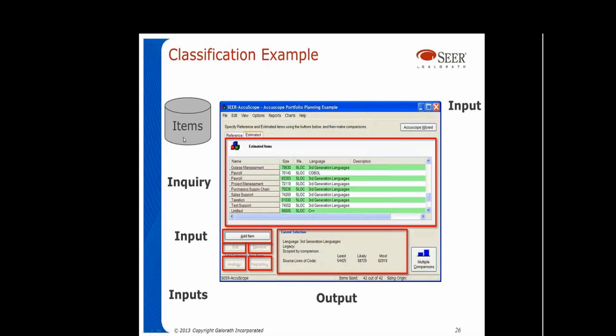You then have an input here, and again, I'm inferring this from this screen. The input is this Add Item button. Now, nothing is obvious from this Add Item button, but I'm able to infer from the requirements again that there is an input there. And then some other inputs here.